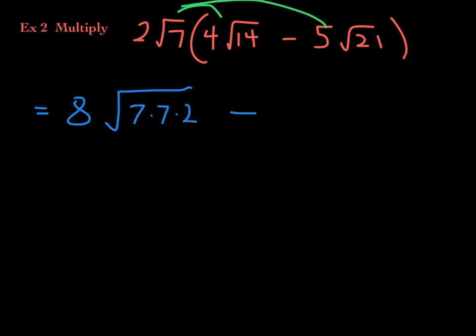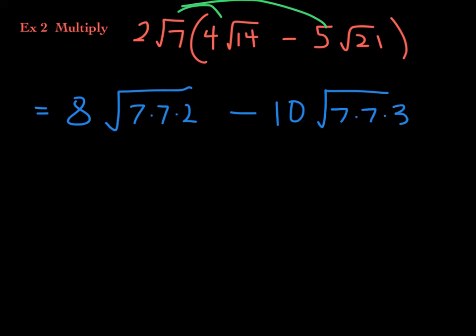Minus, and then here we go. 2 times 5 is 10. Like this. And then 7 times 21, right, is what? 147, but I'm not going to write it that way. I'm going to write it as 7 times 21 as 7 times 3.